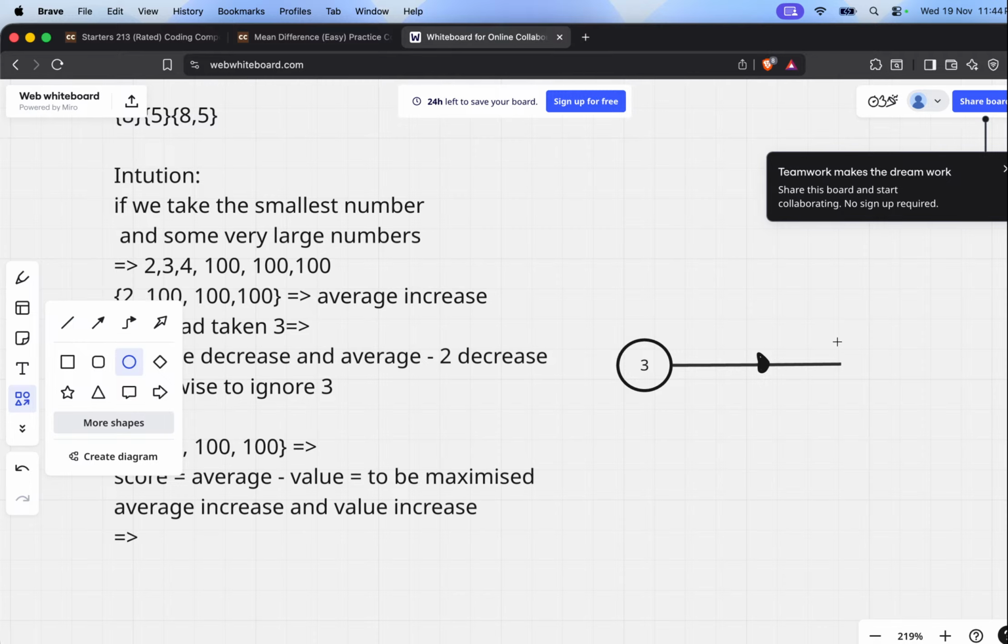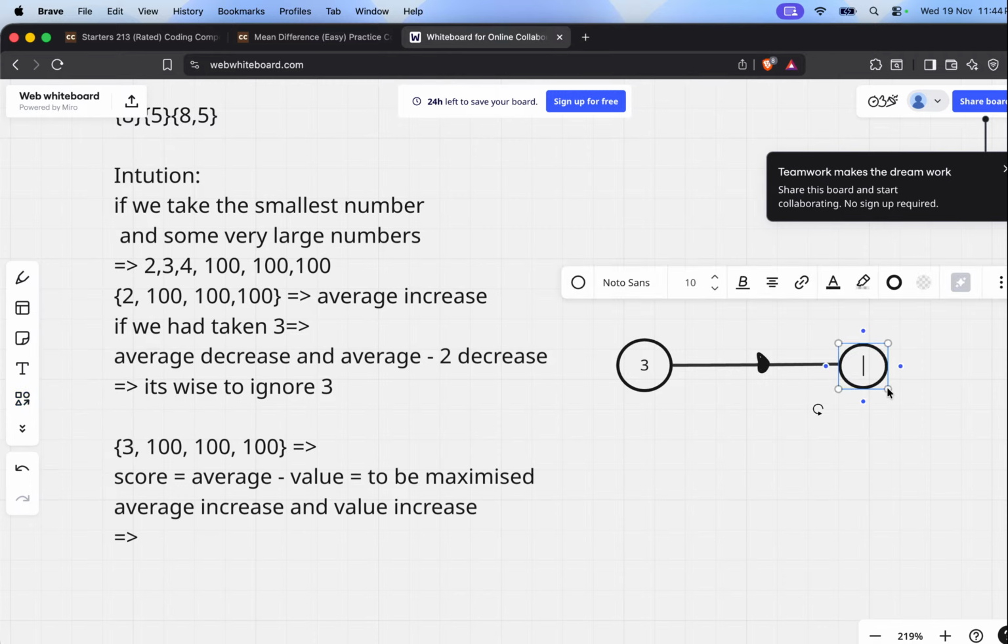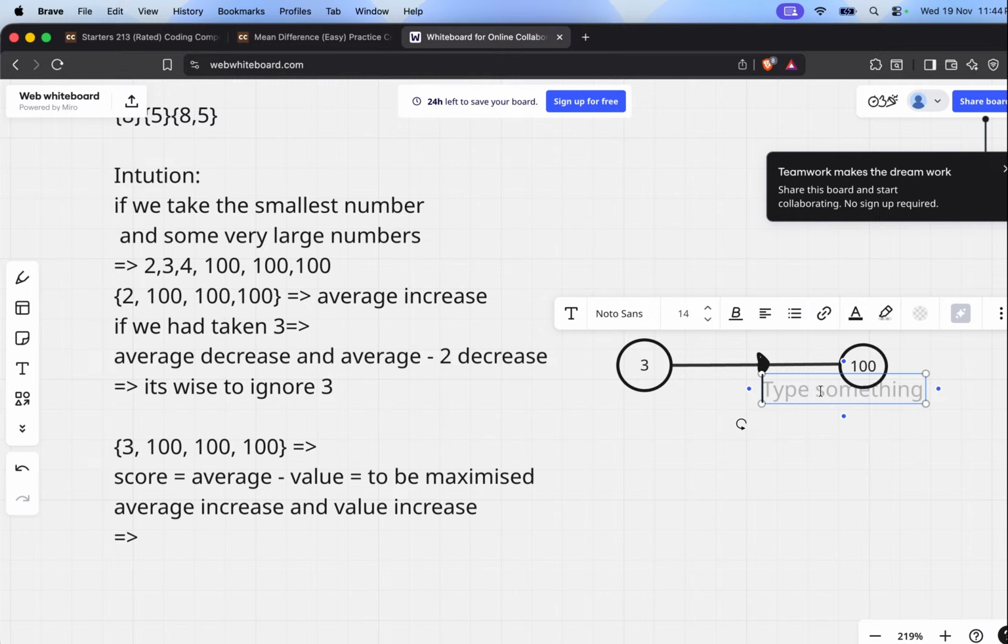Now there is a single 100 here which is pulling this rope as well. So this 103 does not represent the weight or pulling power. So our average ends up near 100, the middle of 103, which is 103 by 2, which is 51 or 52, let's say 51.5.